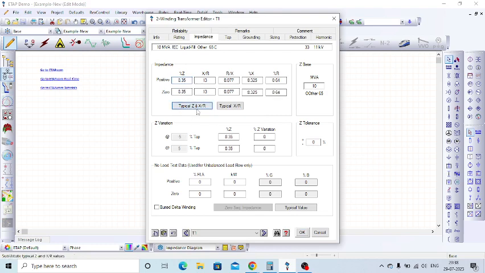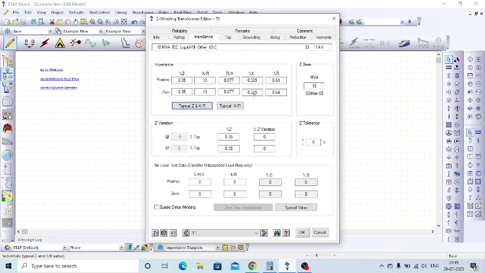By clicking typical Z and X/R, it will update the typical impedance value based on the voltage rating and power rating. And also we have seen the tap variation, that is the transformer impedance variation for the OLTC operation.